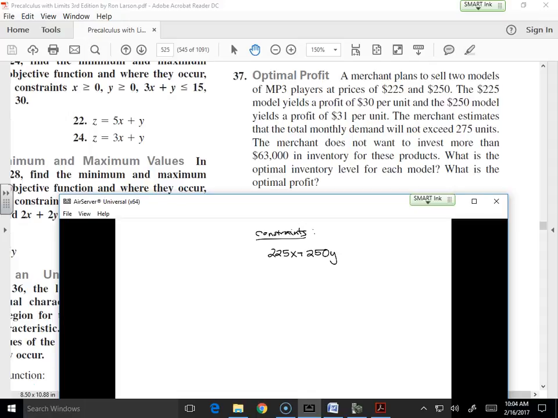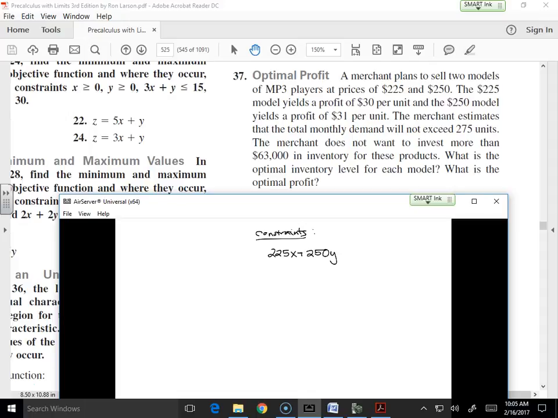So are we going to set that one like equal to or like less than? I'm not sure if it necessarily tells us the 225 and the 250, does it? Oh, wait. The merchant does not want to invest more than 63,000 in inventory for these products.